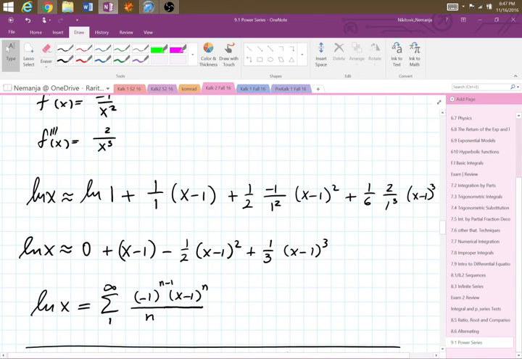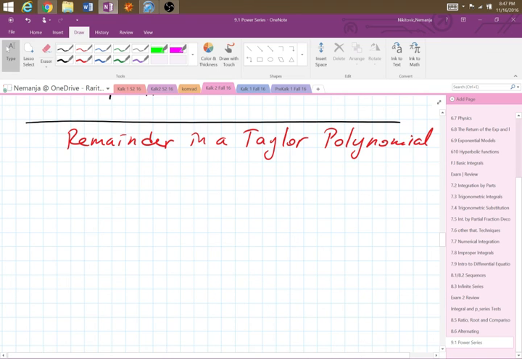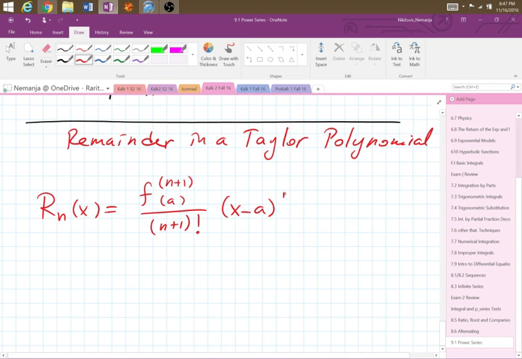So we are simply going to define this remainder Rn of x as the next term, which is the n plus 1 derivative computed at a over n plus 1 factorial times x minus a to the n plus 1.